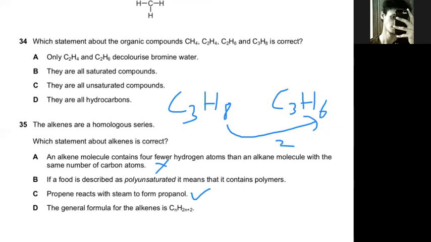This general formula is for alkanes, so this is wrong. Part C is correct because propene reacts with steam to form propanol, and addition of steam to alkenes forms alcohols.